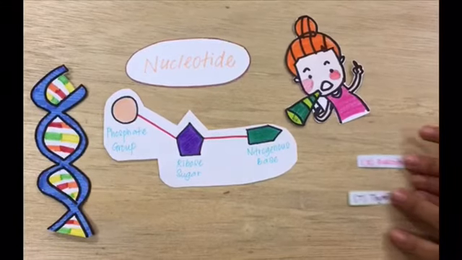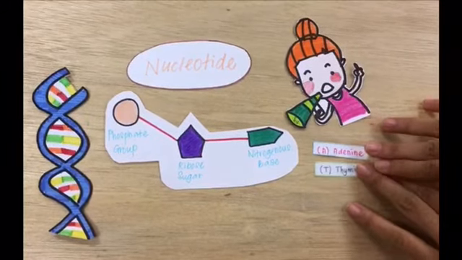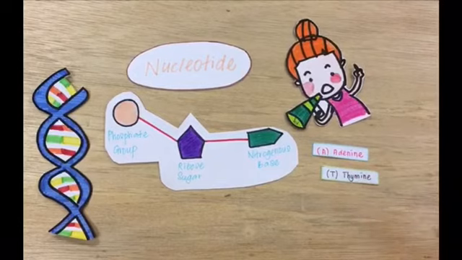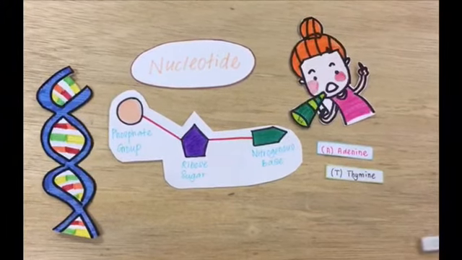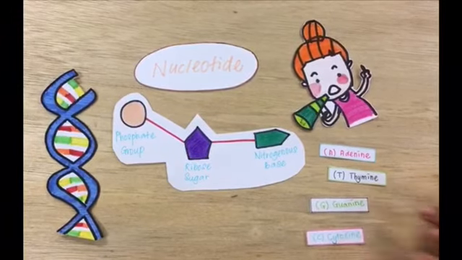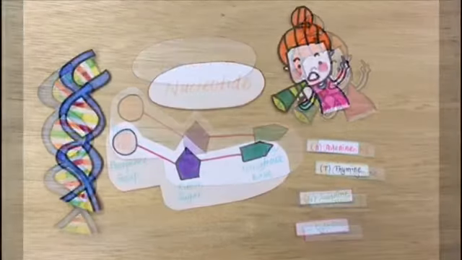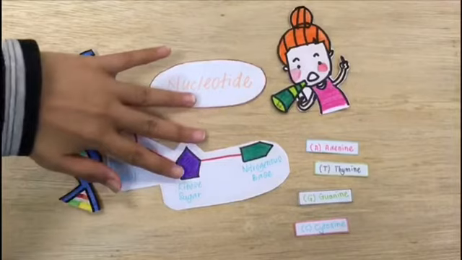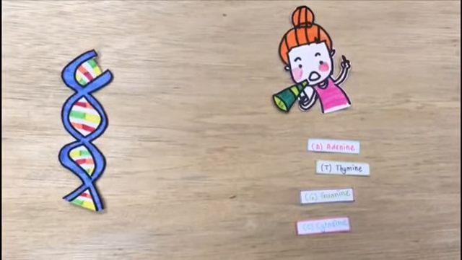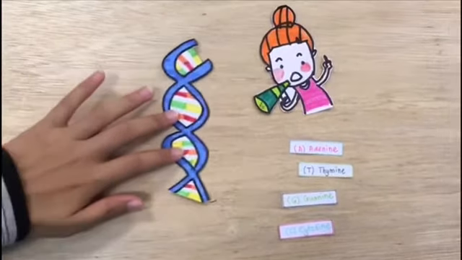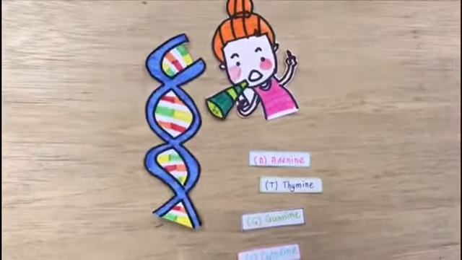The nitrogenous base is made up of four chemical bases, which are A for adenine, G for guanine, C for cytosine, and T for thymine. DNA bases pair up with each other, A with T and C with G. This is known as a base pair.